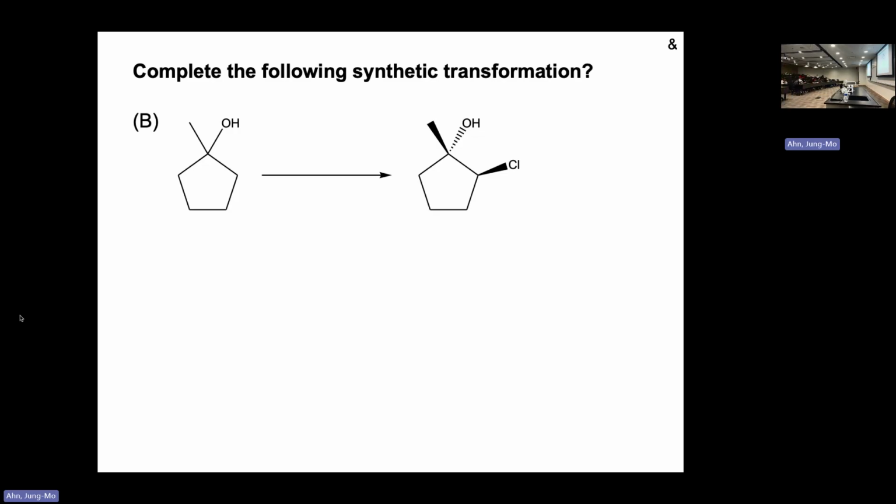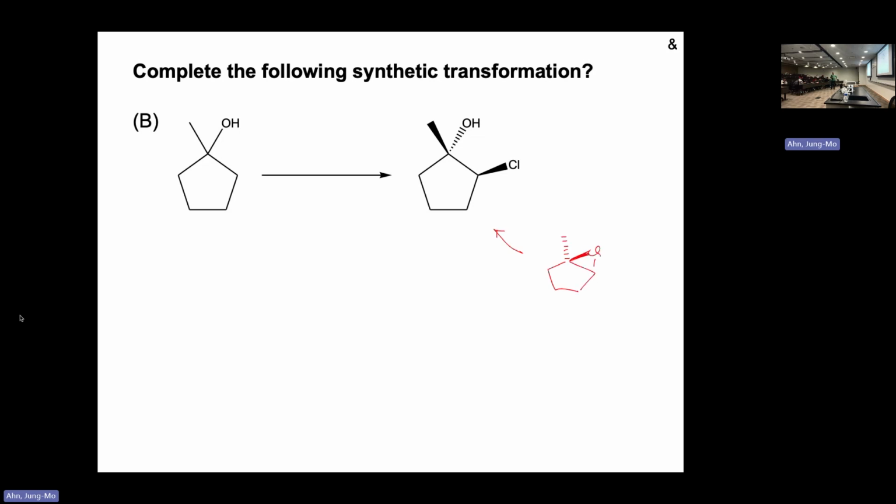If somehow you got the chlorine here, OH there, you cannot make that by the halohydrin reaction because that's the syn product, and the halohydrin reaction doesn't make a syn product. So you really have to analyze things very carefully. Everything must be right.